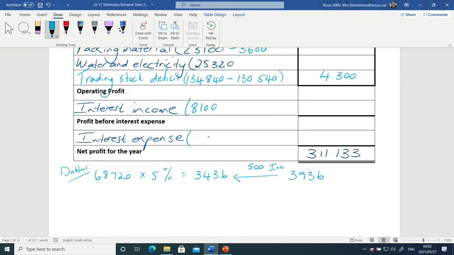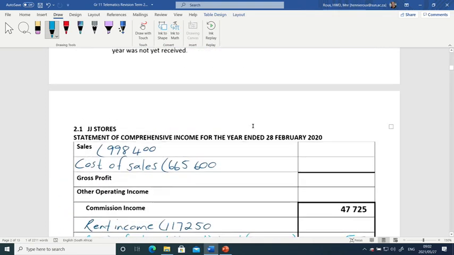From the bottom, 327 plus the 86,400 that we paid minus the opening balance of 374,600. So the interest, which is capitalized, is 38,800. That must be added to the loan. So instead of crediting bank by paying it, we credit the loan and we debit interest expense. Okay, that one is done.